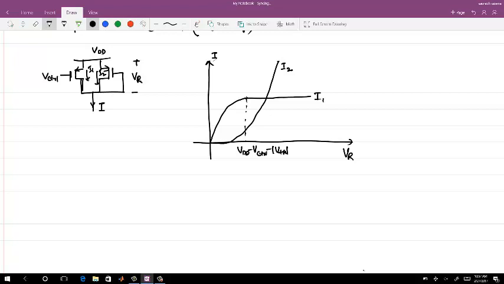There will be regions where you have this VTH, mod VTH.